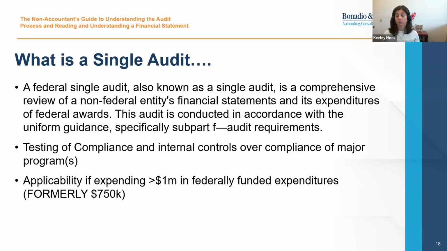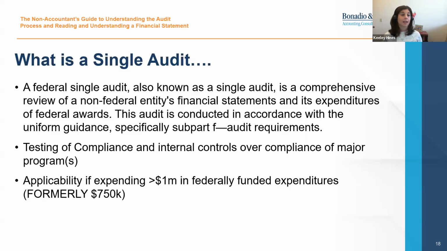So that can involve us going into grant documents, going to what we call a federal compliance supplement that provides general guidance and rules and regulations around the spending of federal dollars. And we're going to test that you spent those dollars in accordance with the agreement.